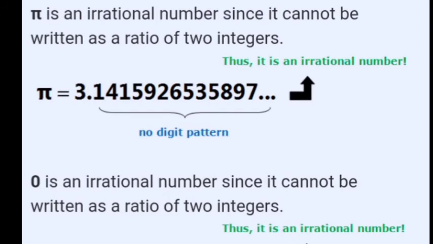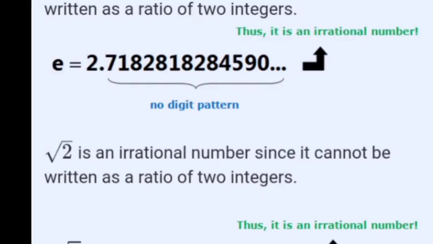Pi is an irrational number since it cannot be written as a ratio of two integers. So 3.14 up to infinity is an irrational number because there is no repeated value or pattern.